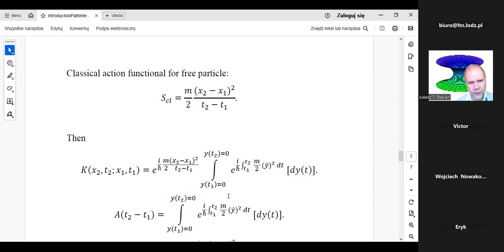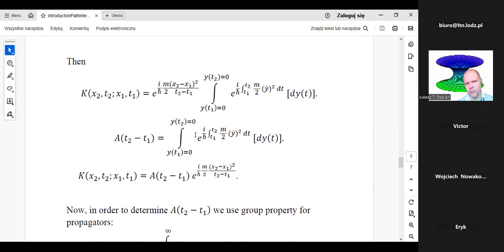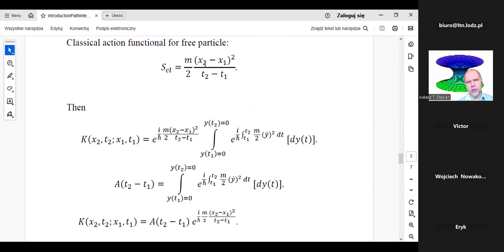Okay. Of course, we can compute classical action functional for free particle as follows, by the assumptions that we start from the point x1 and we reach x2. We start in the time t1 and finish the moving in the time t2. So if we respect this, then our expression for the kernel is as follows.